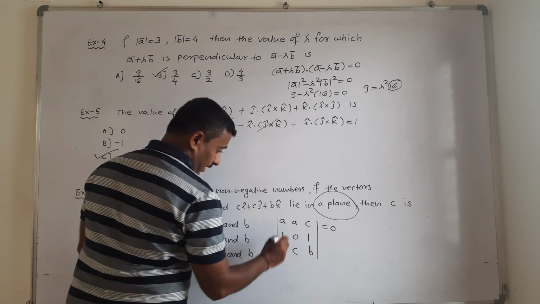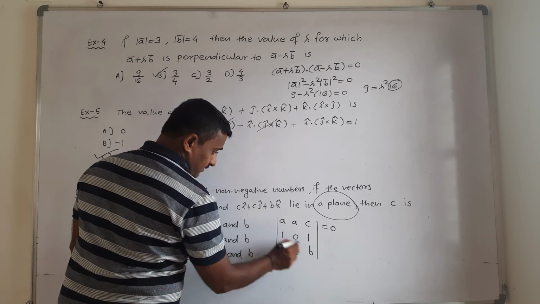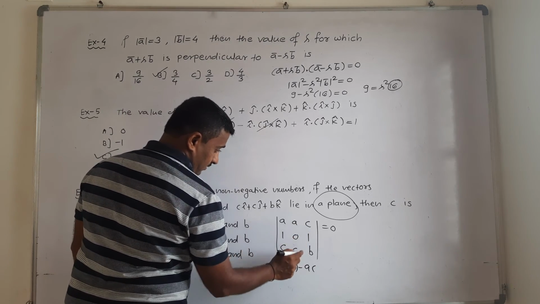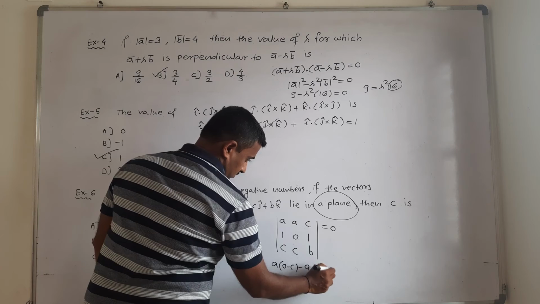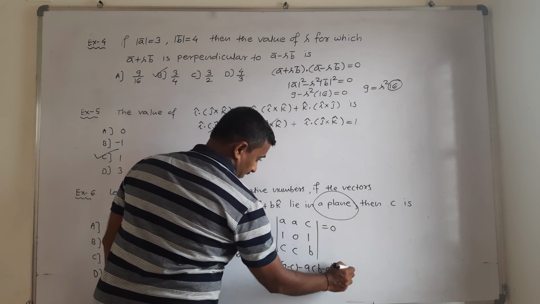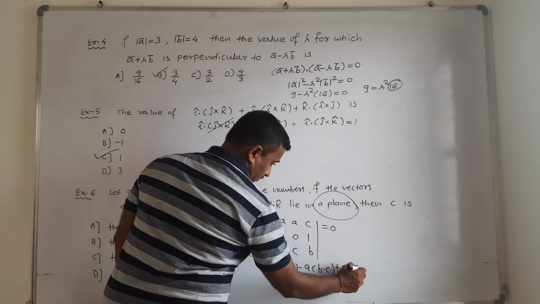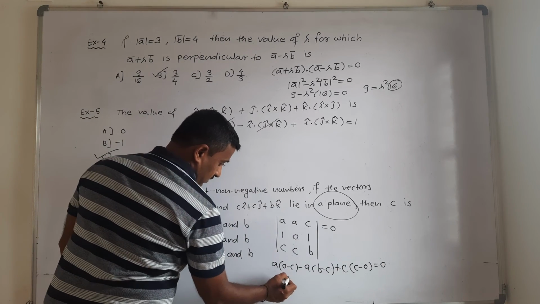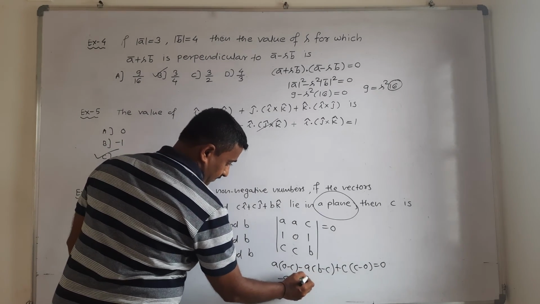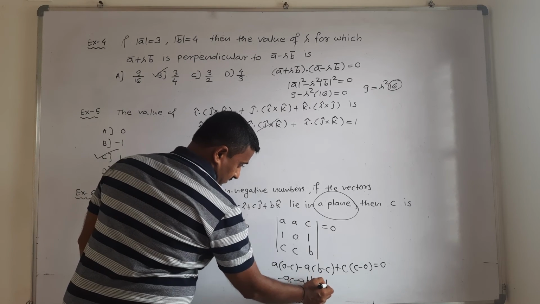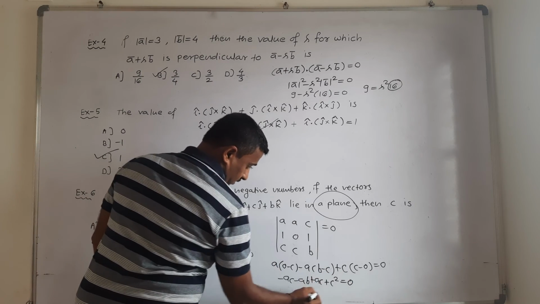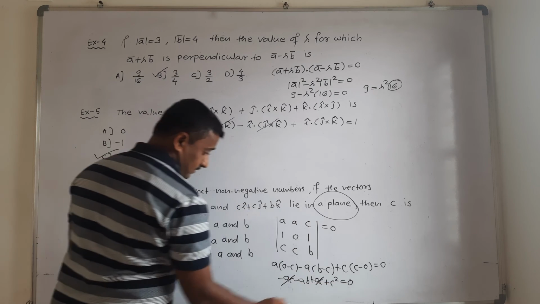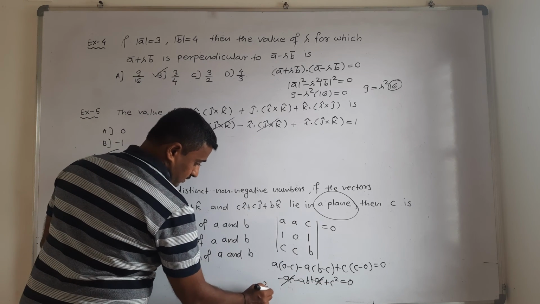Solving this, I get a into 0 minus c, minus a into b minus c, and last plus c into c minus 0 is equal to 0. Simplifying this, minus ac minus ab plus ac plus c square is equal to 0. ac and minus ac cancel, minus ab plus c square is equal to 0. Therefore c square is equal to ab.